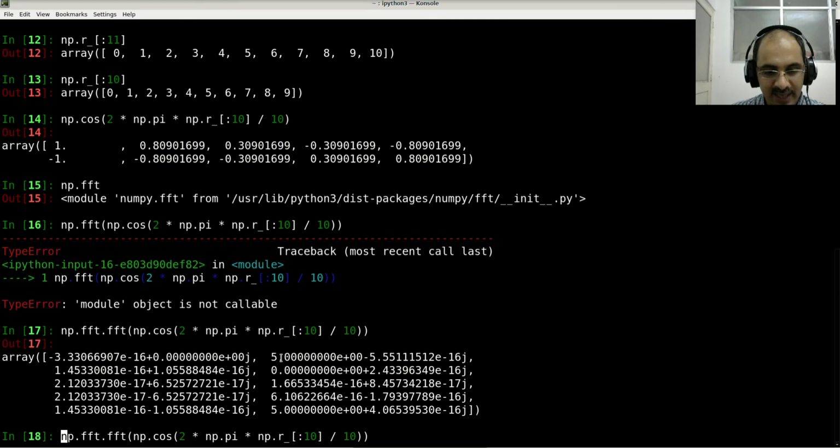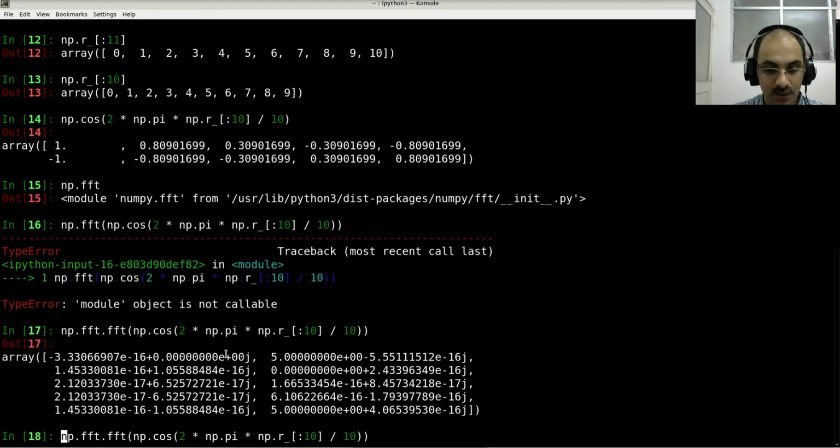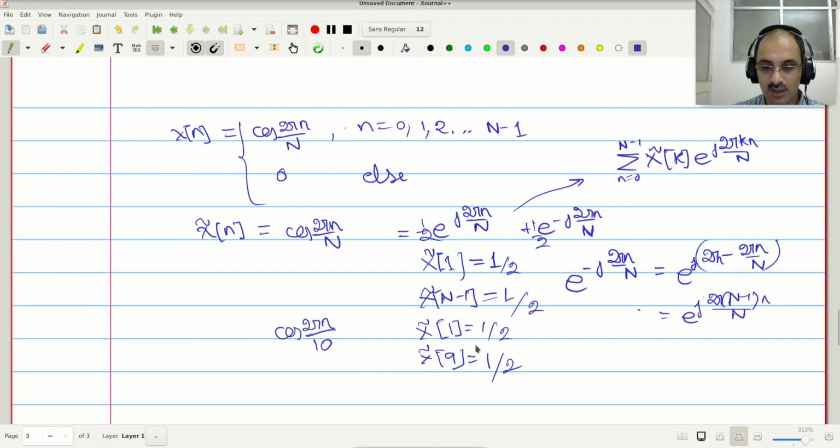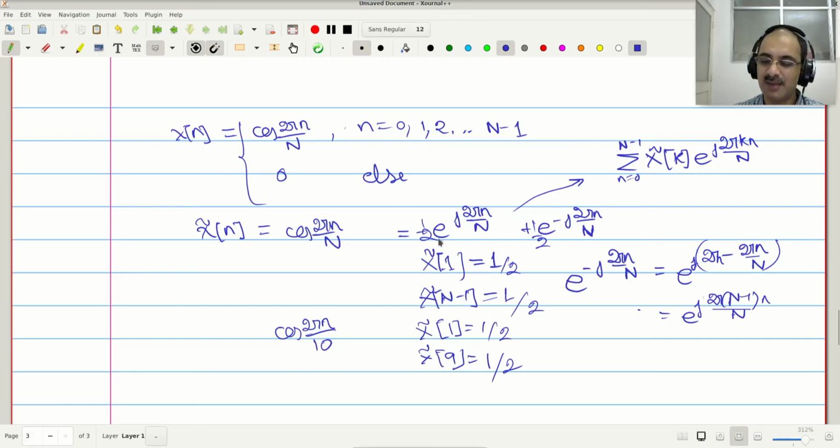But the x tilde 1 is 5 and the x tilde 9 is 5. So my prediction was that x tilde 1 and x tilde 9 should be non-zero, and indeed that's the case. This 5 comes because there's an extra multiplication by a factor of 10. So it's like 10 by 2 and 10 by 2. But the prediction is indeed correct that x tilde 1 and x tilde 9 are the ones which are non-zero.